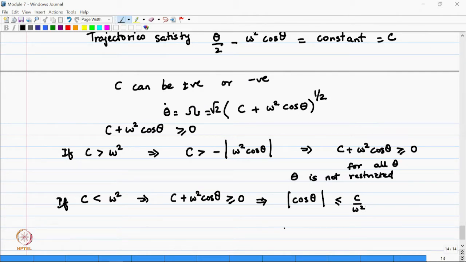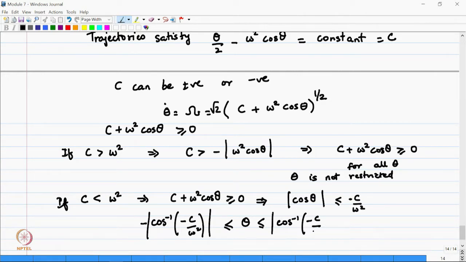So theta should be greater than minus the absolute value of cos inverse of minus C by omega square, and less than or equal to cos inverse of minus C by omega square.